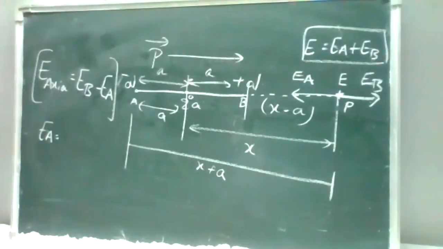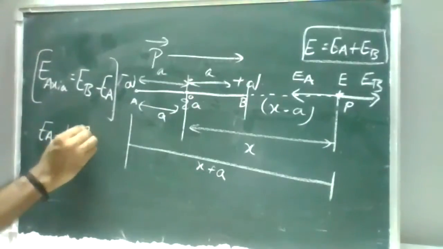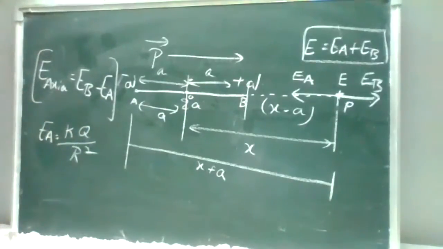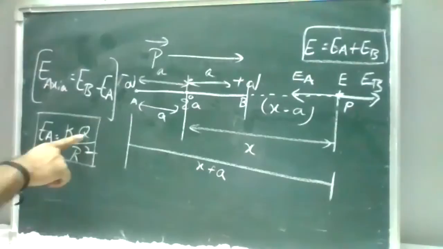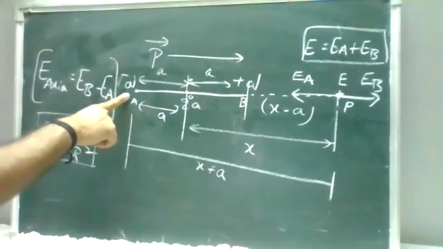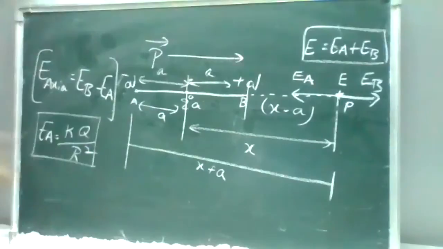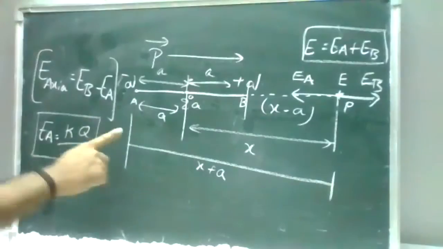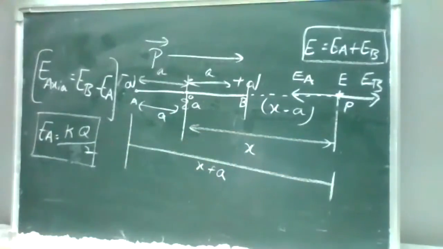In the last class I said the electric field with respect to the force is E equal to kq by r square, where q is your test charge and r is your distance. This is your relation. Now here are the charges. First, the EA charge: it is the negative charge, so EA is equal to kq by r square, where r is the distance from point A to point P. What is that distance?